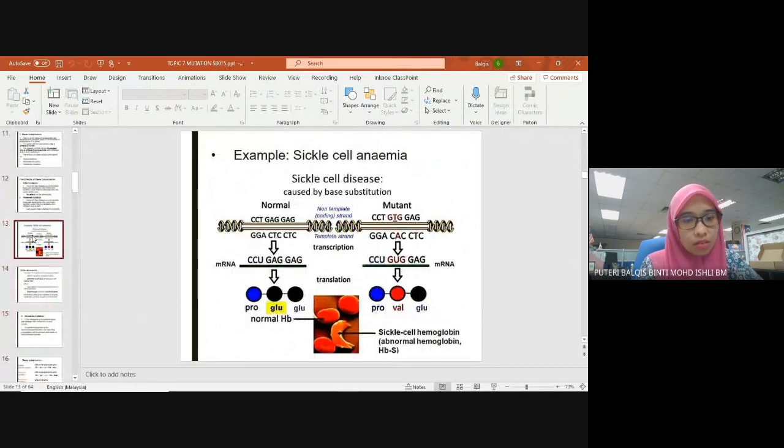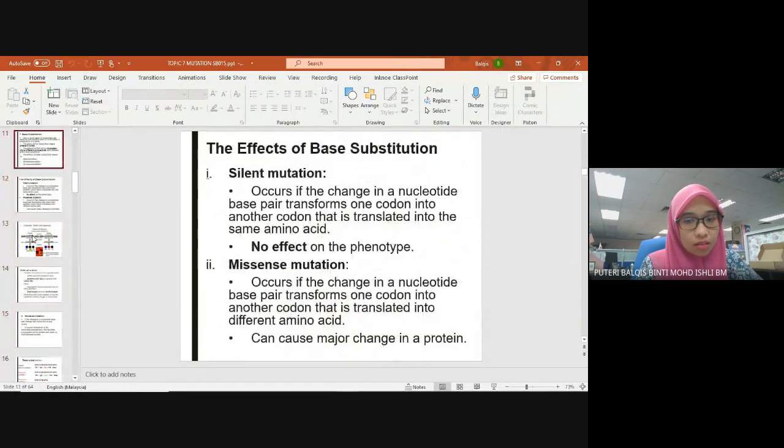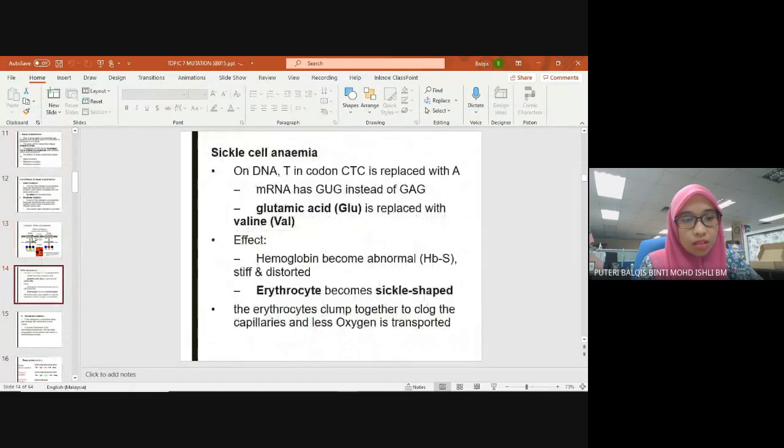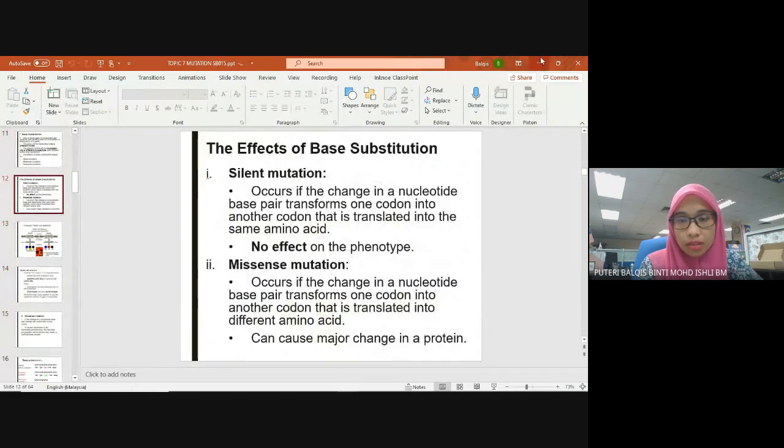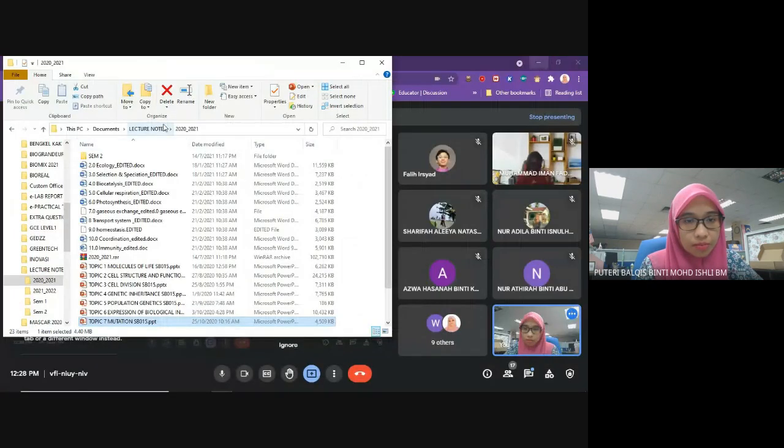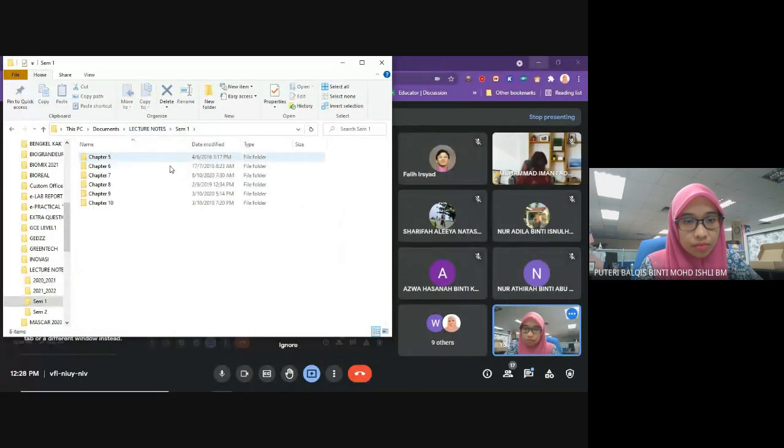Alah, tak ada lah pula. Okey, tak ada. Nanti saya bagi tengok.